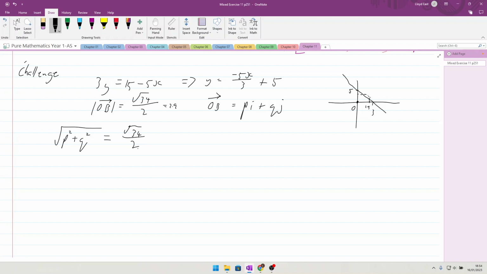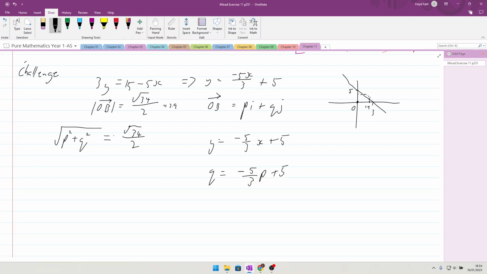We also have positions on this line, which would be y equals minus 5 over 3x plus 5, and that pi vector would work the same as a coordinate, so p being the x, so we would have q is equal to minus 5 over 3p plus 5.